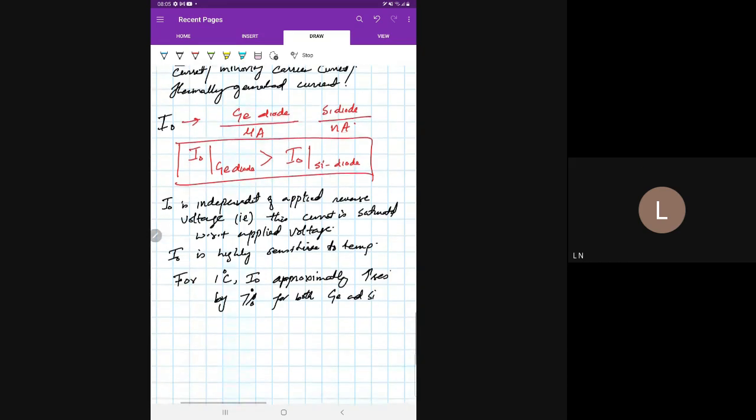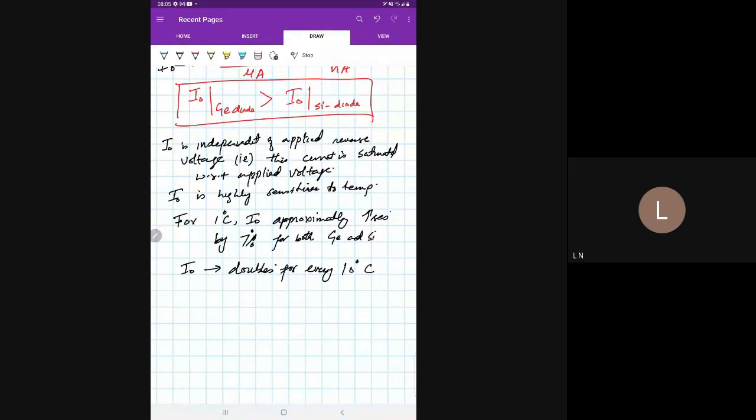Okay, and I naught generally doubles for every 10 degrees centigrade in temperature. So if we have certain leakage current I naught at certain temperature T1, then you change the temperature, I naught will also change, and we can calculate what is the I naught at another temperature.